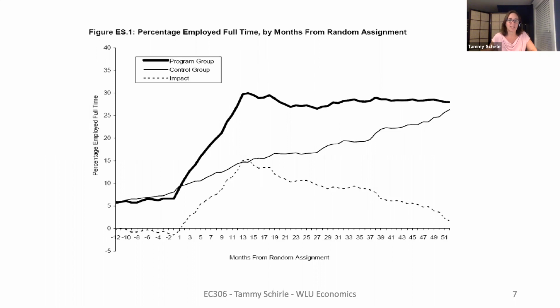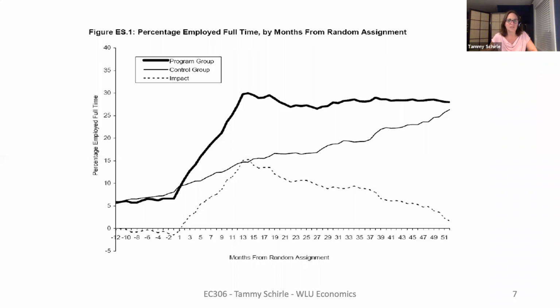So what happened? The experiment tracked what portion of each group was employed, starting 1 year before the earning supplement was offered. Before the experiment started, here between minus 12 months and time 0, the employment rates of the treatment group and the control group were very similar, starting out at just 6%. Once the earning supplement is offered, we see a huge increase in the employment rates of the treatment group.